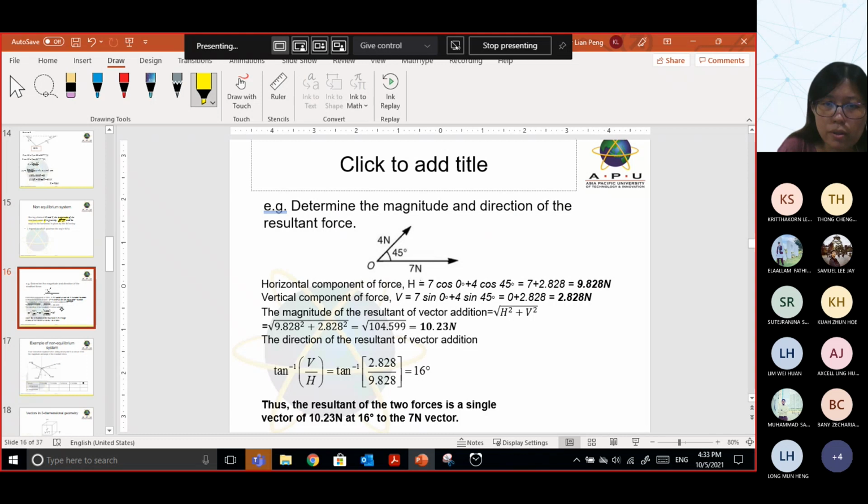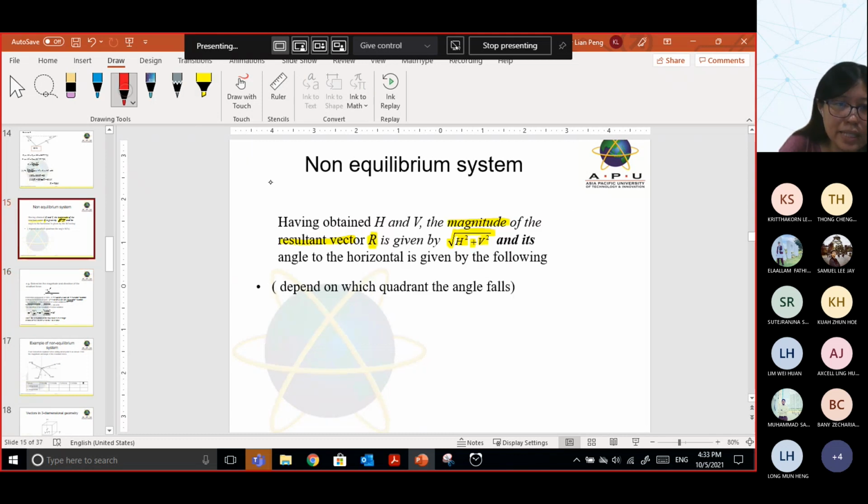So it is given by the arctangent of the vertical component divided by the horizontal component.